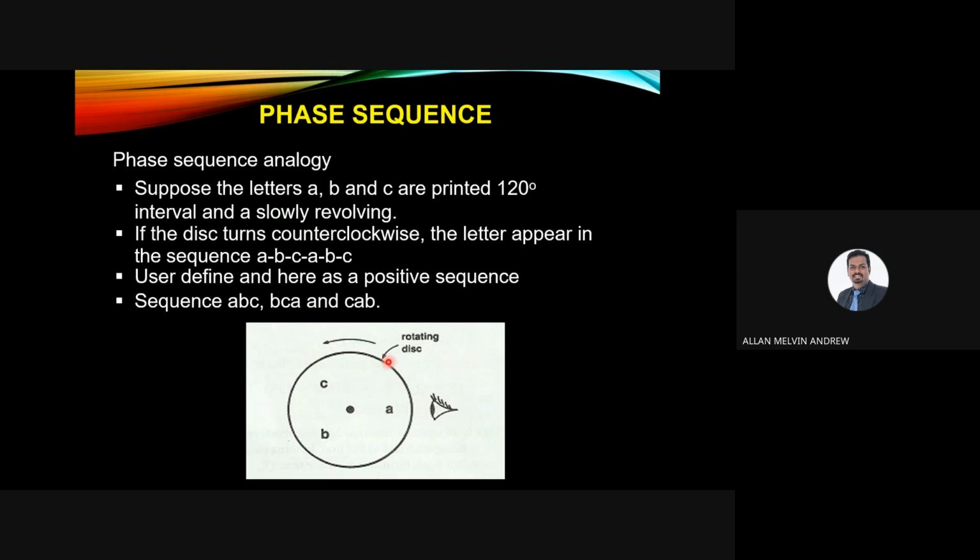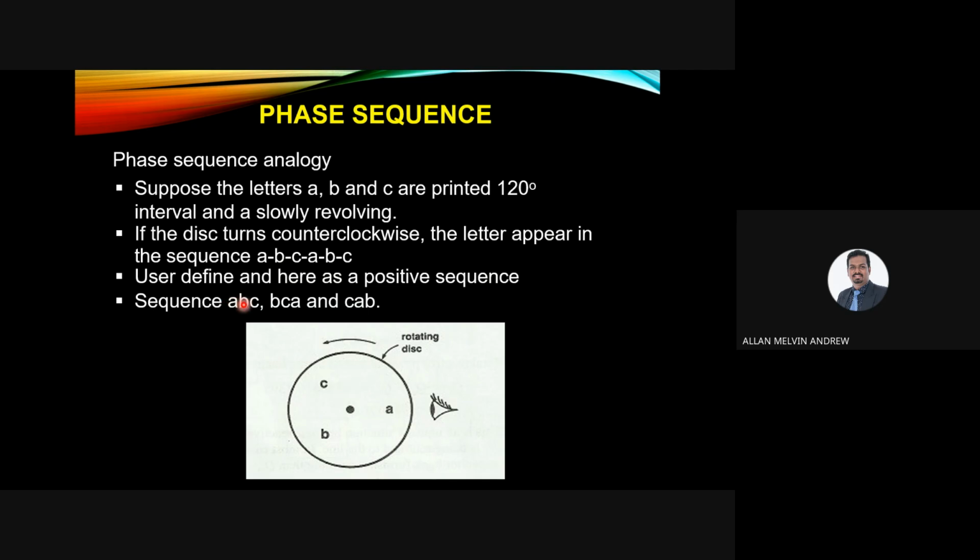Like in this figure, we can see the disc rotating counterclockwise like this, and your eye is here. So how will we see the sequence? The letter appearing first is A, then when we move, B will come here, then we will see C. So the sequence will be A B C A B C. Even though the disc rotates counterclockwise, you will see in clockwise A B C A B C.